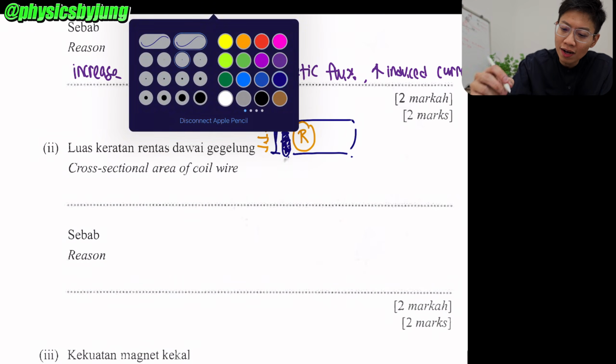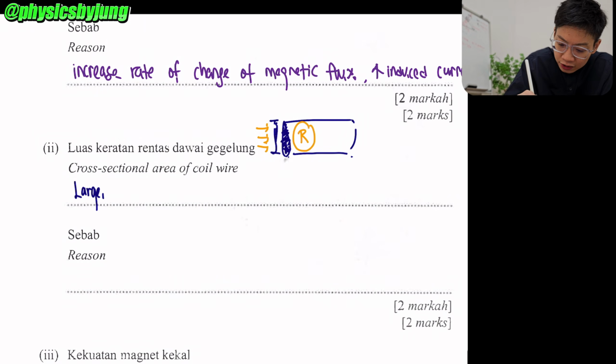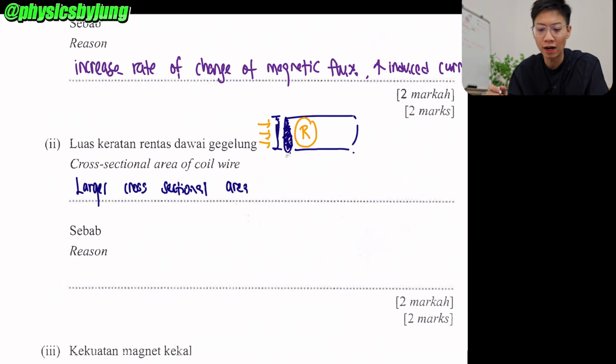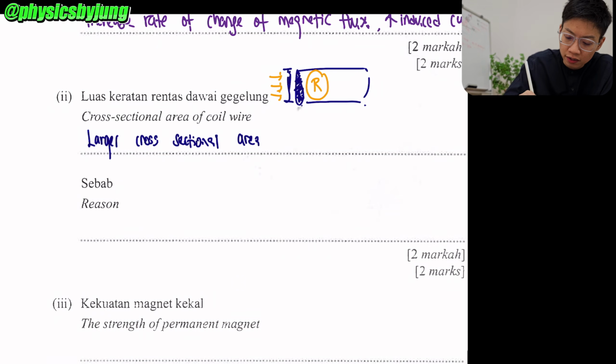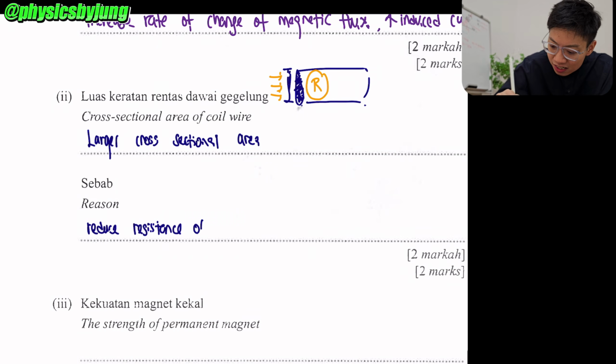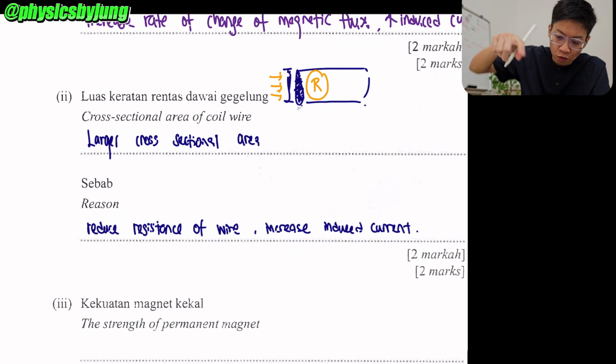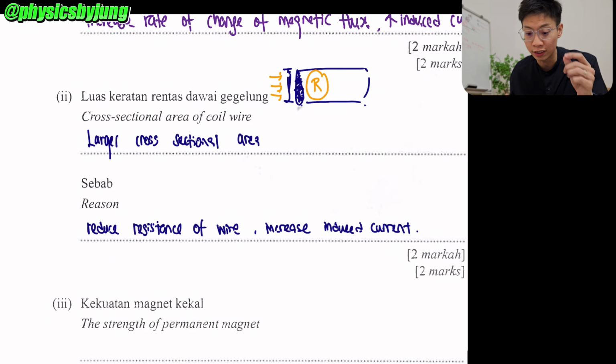So here we want a larger cross-sectional area. For people who don't know, the larger your area is, the more current can flow. So therefore this will cause what? We can reduce the resistance of the wire, so as to increase your induced current flow. So at the end, this will also go back to increasing your induced current.